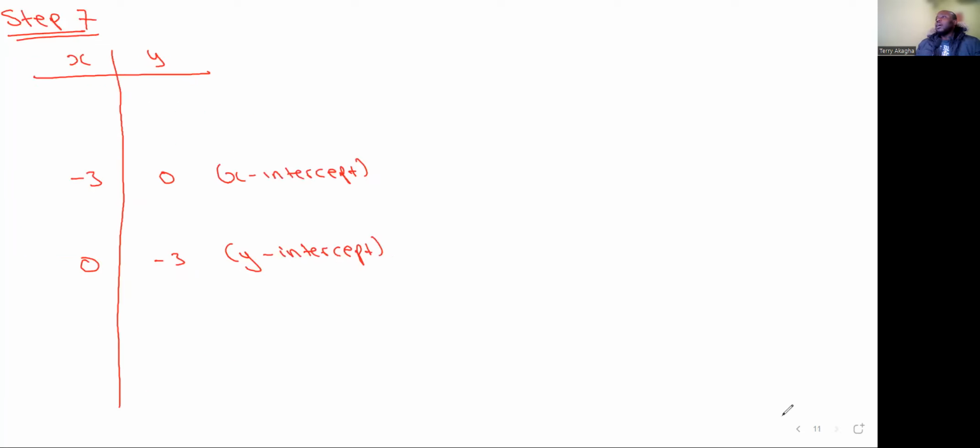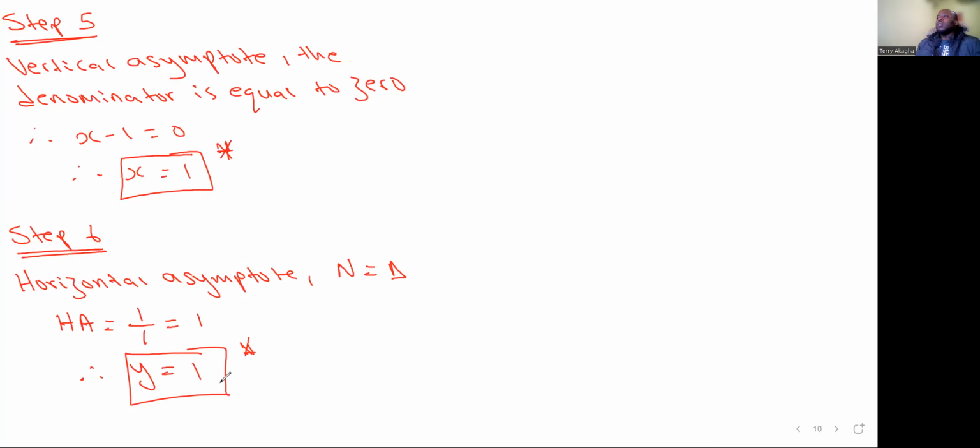So let's put that there. So x is 1, and this is the vertical asymptote. Then the next one is the horizontal asymptote. y is 1, so the horizontal asymptote y is 1.